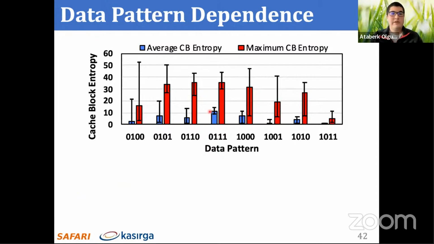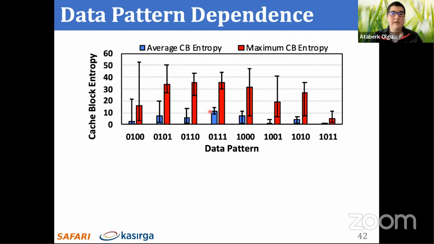So on this plot, we display the cache block entropy on the y-axis and data patterns on the x-axis. The blue bars show the average cache block entropy, and the red bars show the maximum cache block entropy. And these values are averaged across all modules we test.